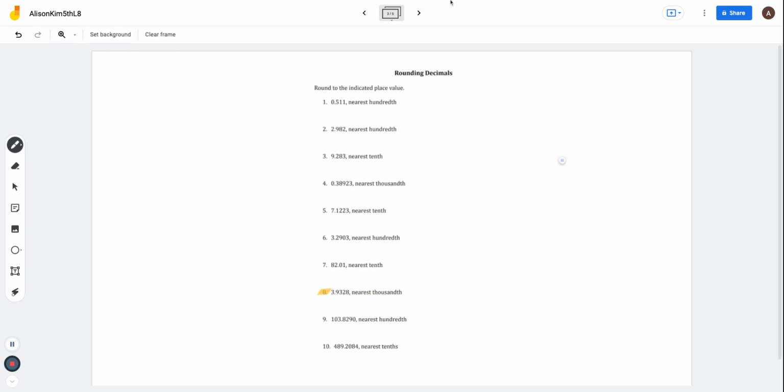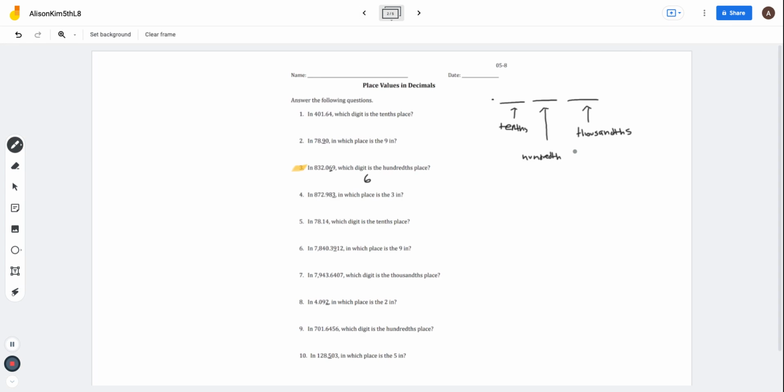Now we're going to be rounding decimals. It says to round to the indicated place value. So number 8 gives us 3.9328, and we have to round it to the nearest thousandths. We're going to use the visual that we have right here.